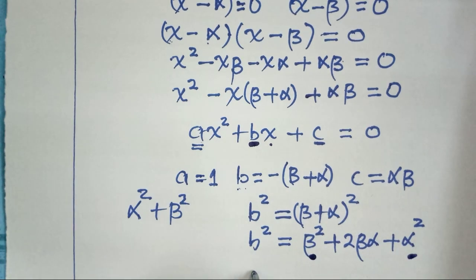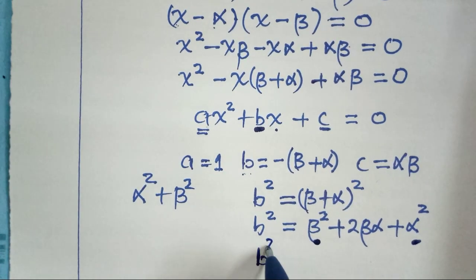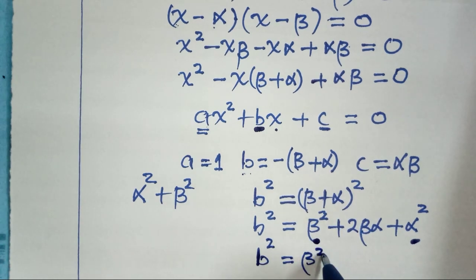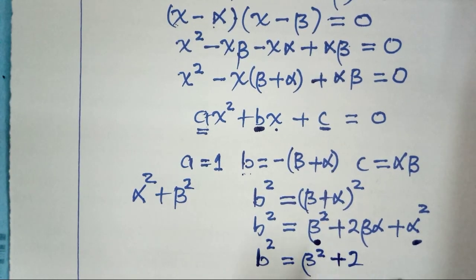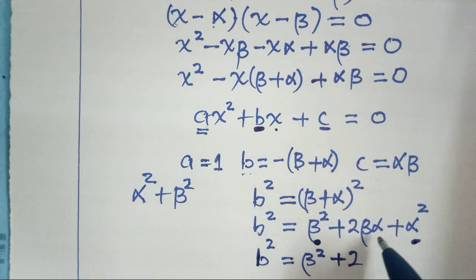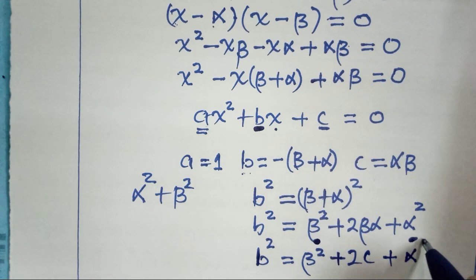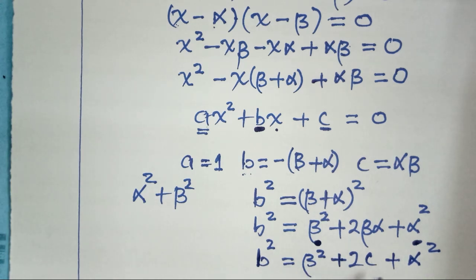So I will write b squared equals beta squared plus 2, replacing beta and alpha with c, plus alpha squared. I can now make beta squared and alpha squared the subject of the formula.